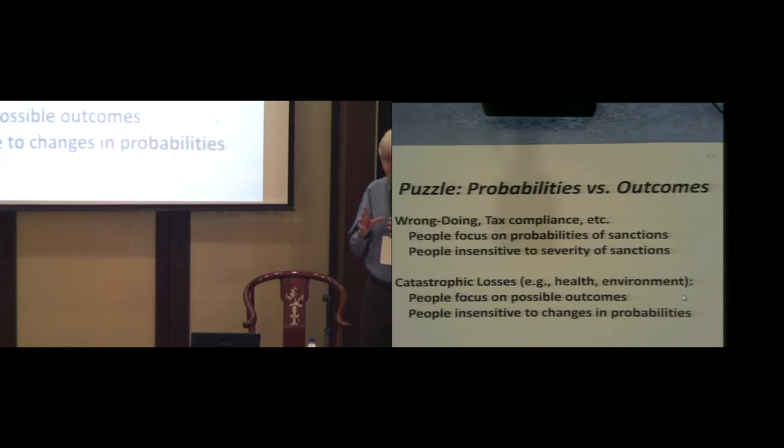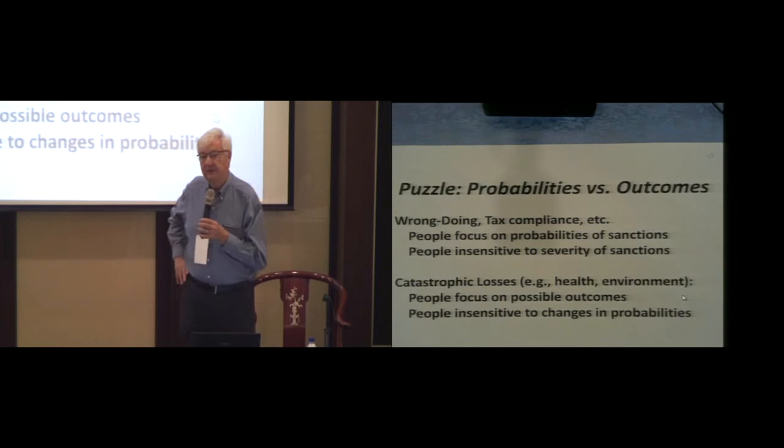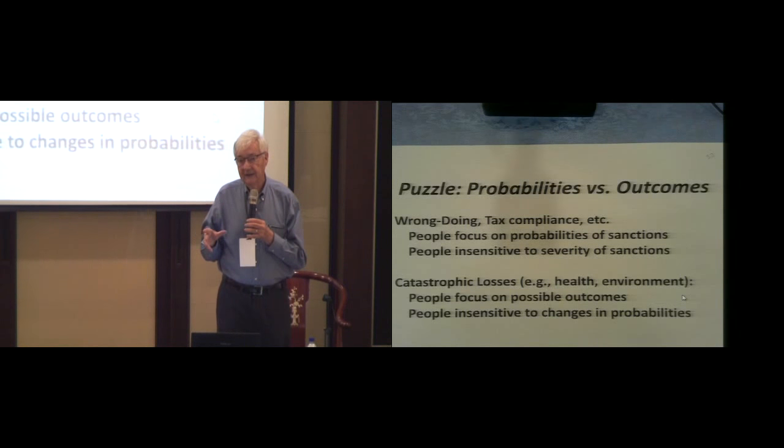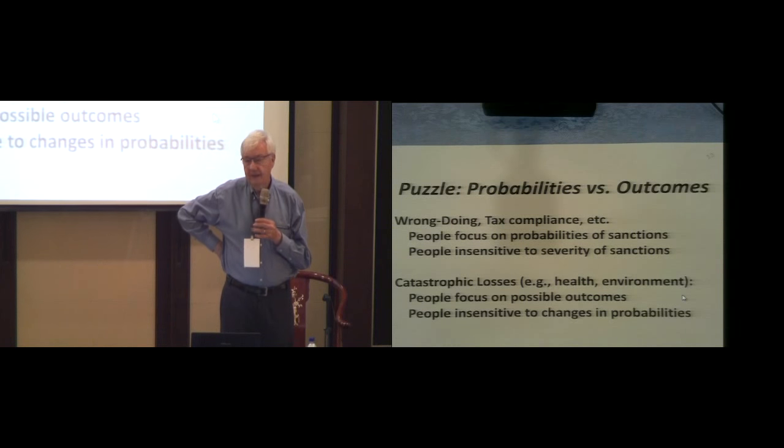They tend not to worry about what the punishment is if they get caught. They tend to worry only about the chances of getting caught. So they look at the probability. And the example that Echo used before, things like environmental catastrophes, medical outcomes, and things like that, for some reason people focus on the outcome and they don't worry about the probability.